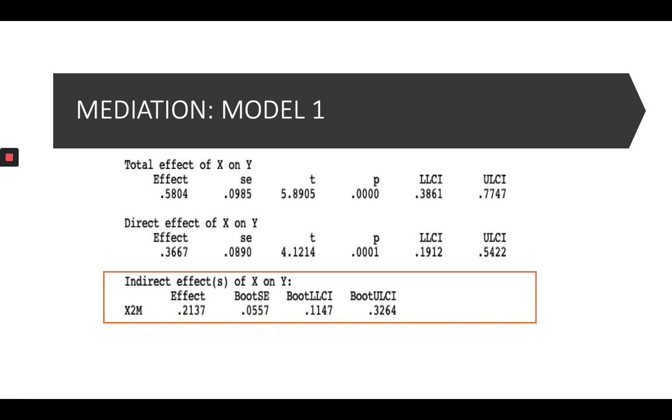Also, we would look at the confidence interval, which we got from the bootstrapping method. And you would, in this case, not want to see zero, to show that there actually was an effect. If zero was included within this, you would see that there was not.